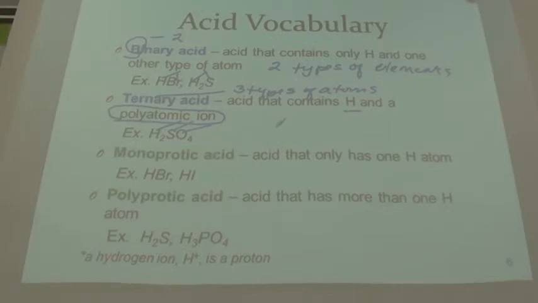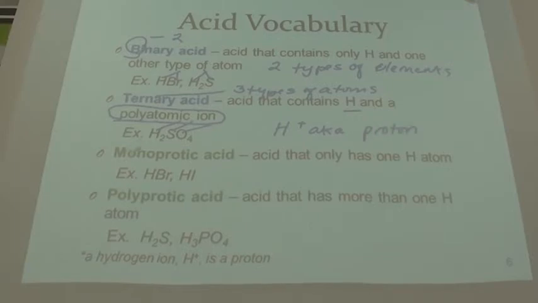A monoprotic acid. Here is a chemistry thing that they do all the time. If we have one definition for something, we like to make 1,000 different words that mean the same thing. A hydrogen ion is also known as a proton.